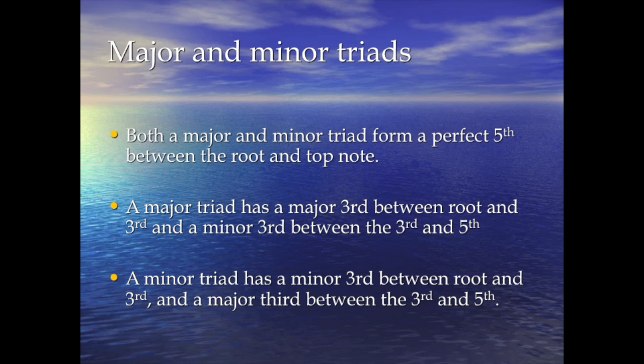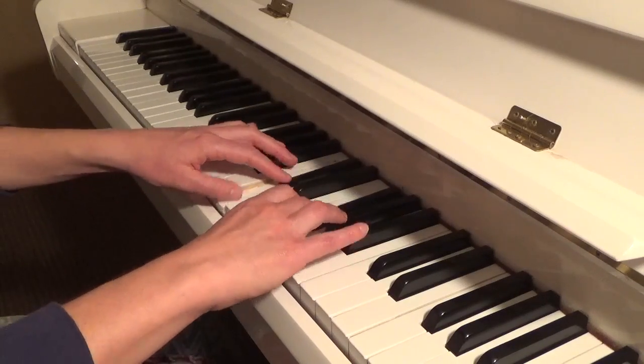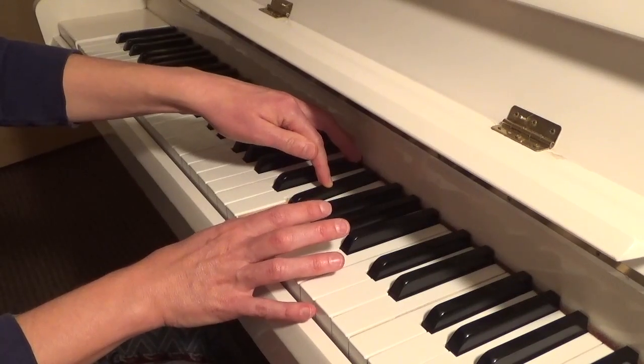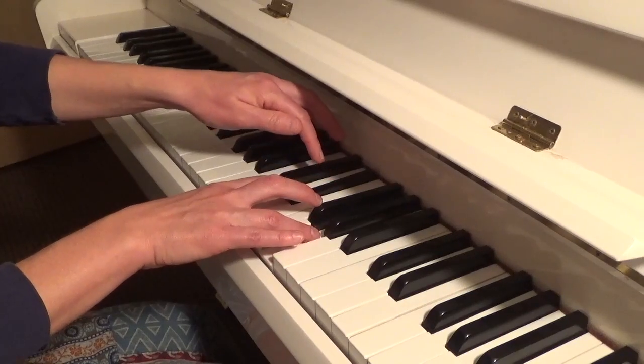Now a minor triad has a minor third on the bottom, major third on top. One thing that's a little bit interesting about major and minor triads: if you start with any perfect fifth and walk your way in, you've got two options for the middle note. The higher of the two options is the major, the lower of the two is minor.